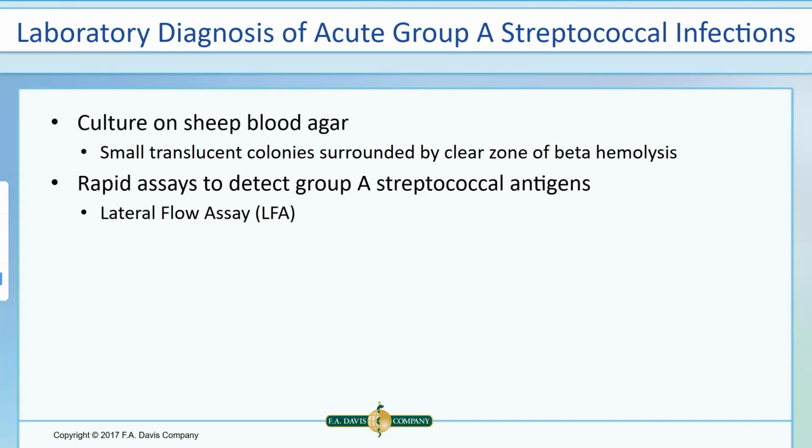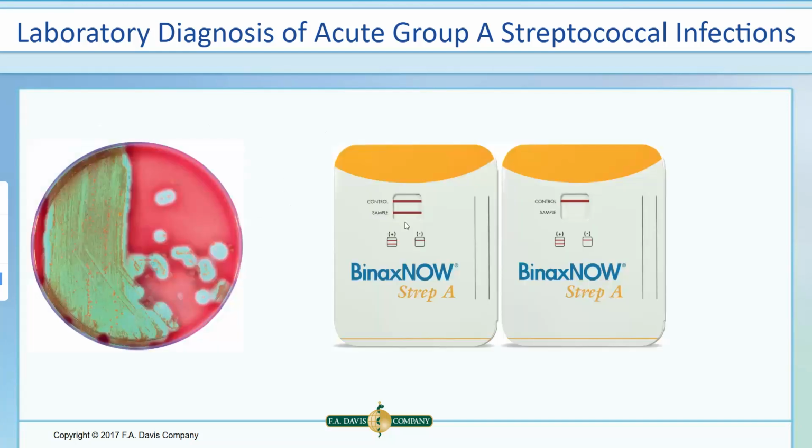So if we think that a patient has strep throat, we would swab their throat and then use a lateral flow assay. So when we put the sample in here, typically the sample would be put into the bottom, and then we would have some type of reagent that would allow this to flow through by capillary action.